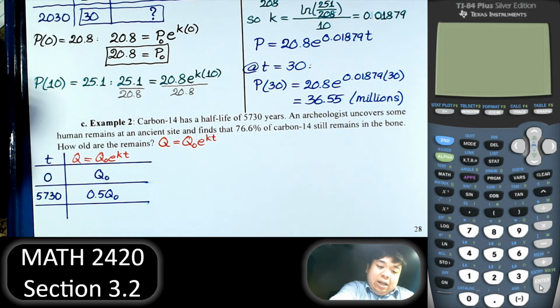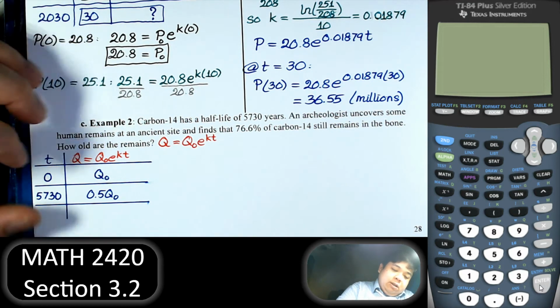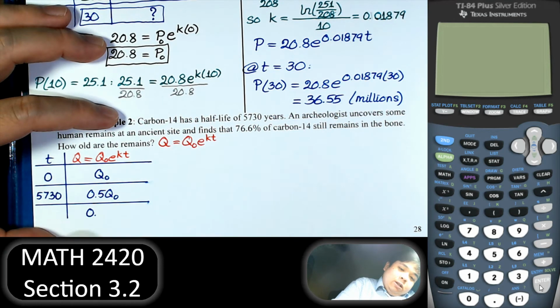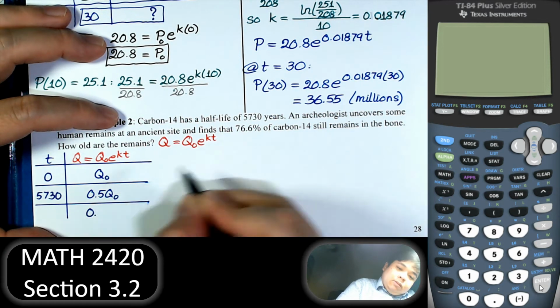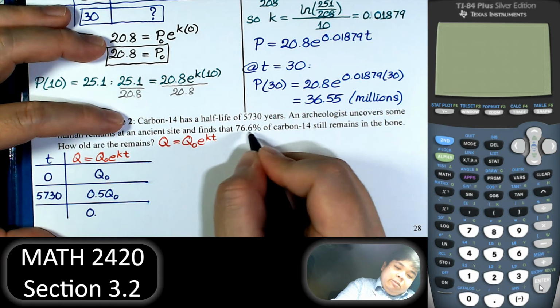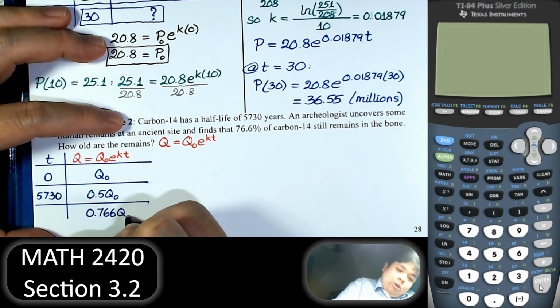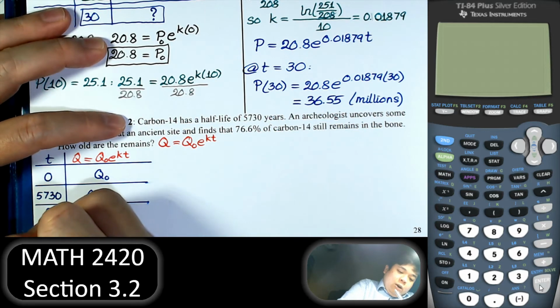And the question is, how old is that if we have 0.766 of the original amount? How old is that?